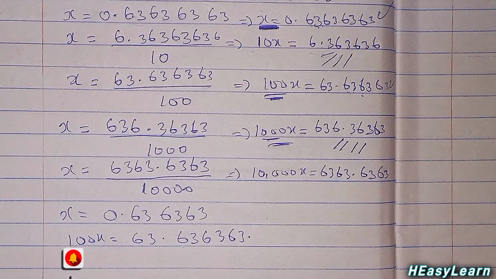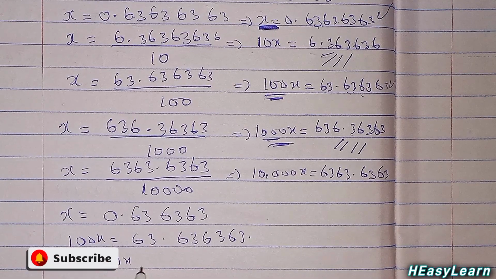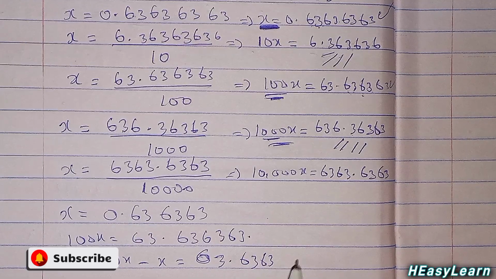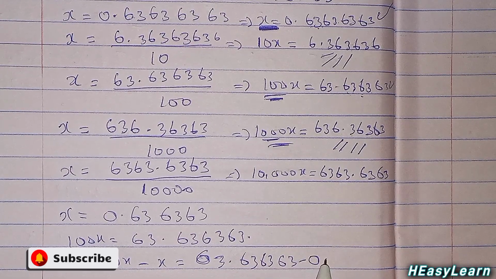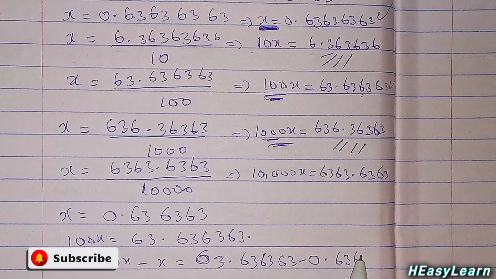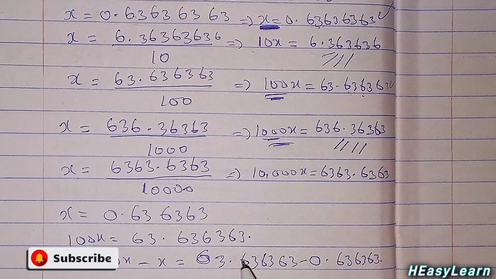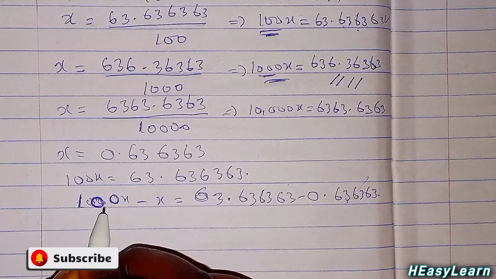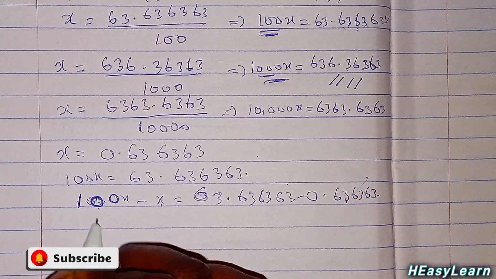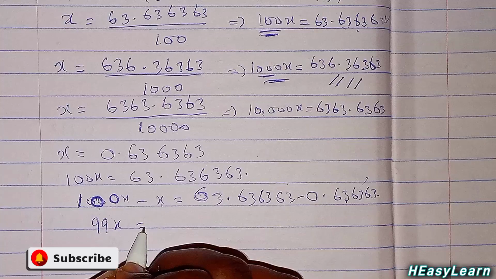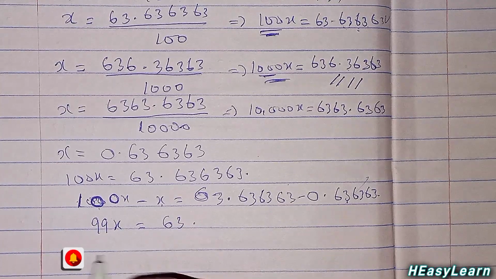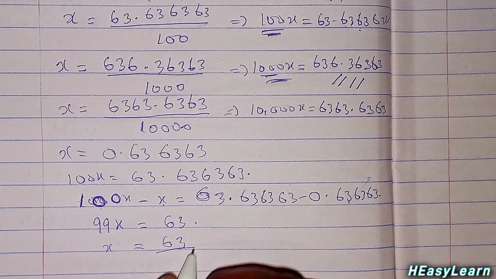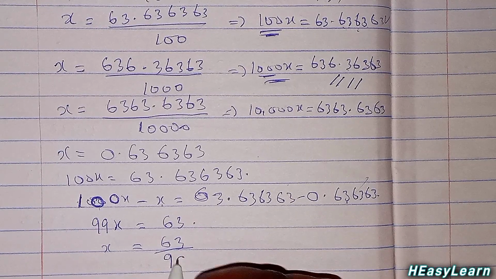63.636363. So in this case, subtract x from 100x: 63.636363 minus 0.636363. The part after the decimal point goes away, so we are left with 99x, the same thing as 63. Then from here we have x equals 63 divided by 99.